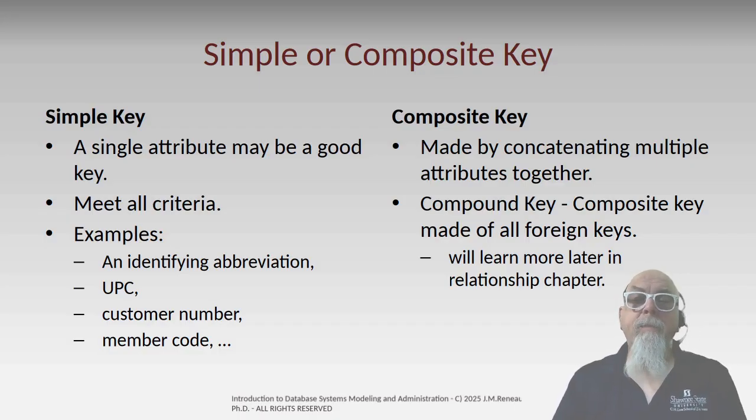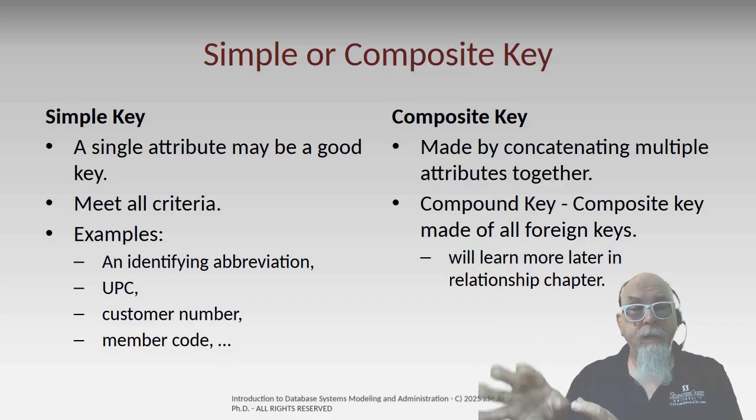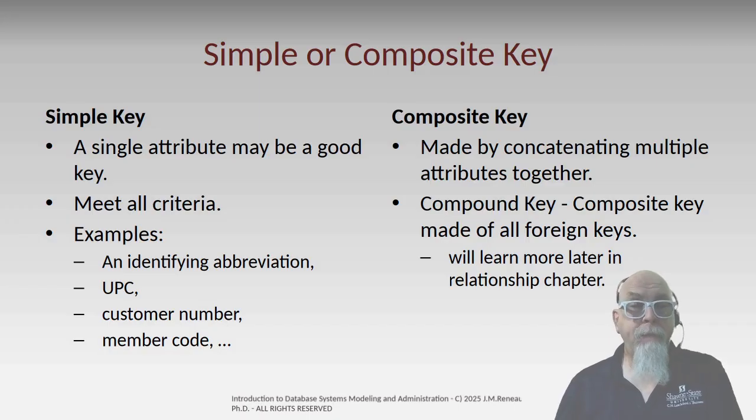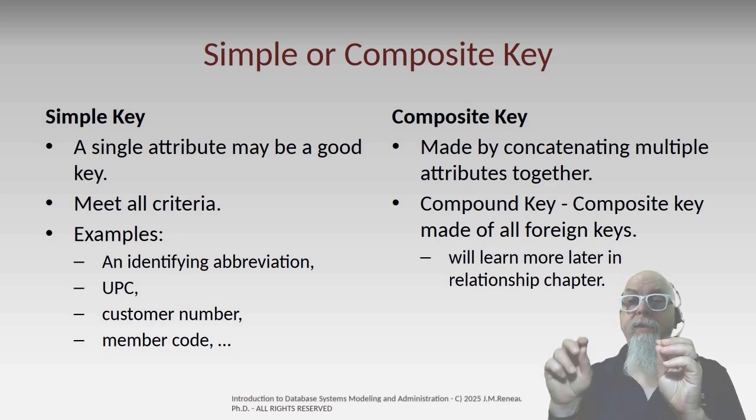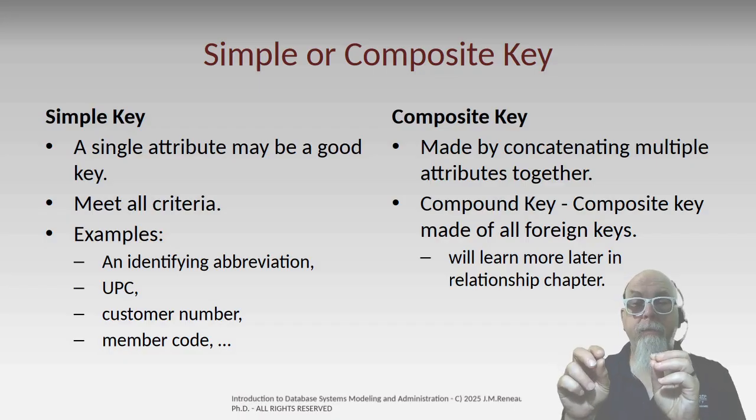But here's an example that I have seen in data models and I have seen used. For instance, maybe we have an item entity that contains all of the items that we sell as a business. The composite key would be the vendor code with the vendor item number.